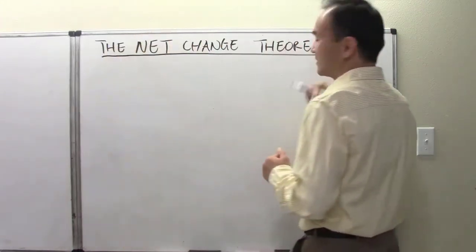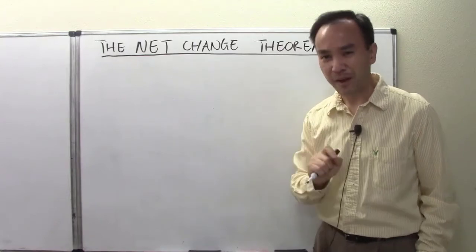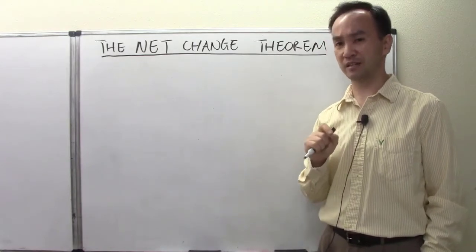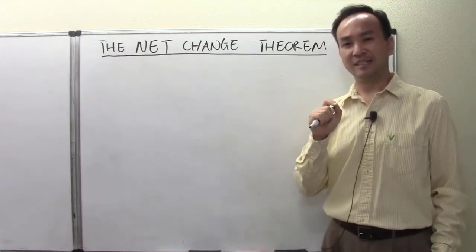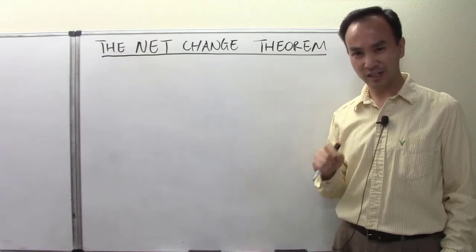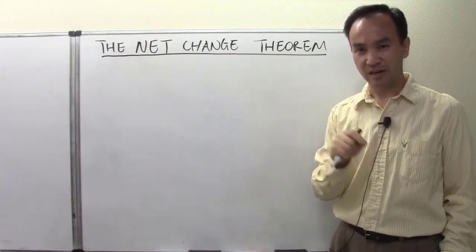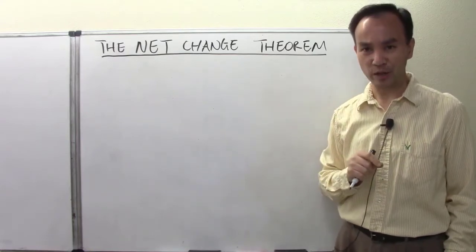All right, and so allow me to look back a little bit at the fundamental theorem of calculus, especially the second part, because as I said earlier, this lecture we're about to learn is a direct consequence of learning about the fundamental theorem of calculus, the second part.